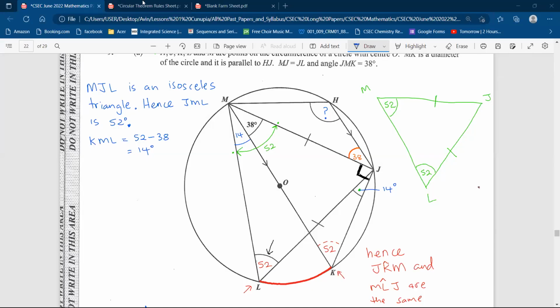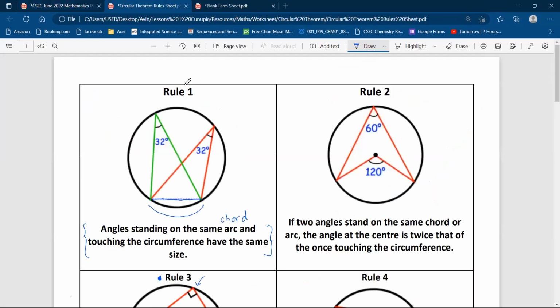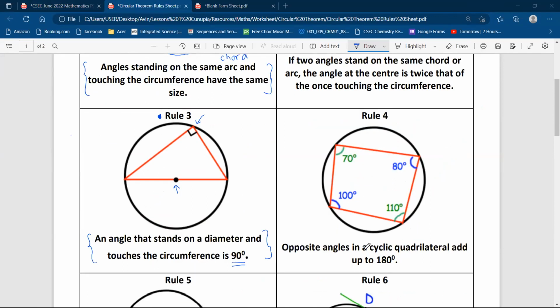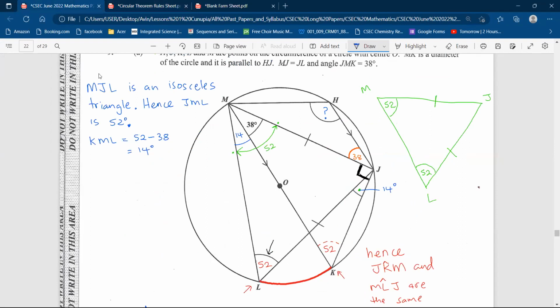So the rule you want to focus on to find this last one where the question mark is actually rule 4. The opposite angles in a cyclic quadrilateral add up to how much? 180. Not too sure if you're seeing the cyclic quadrilateral here. I know there's a lot of lines. But if you start at L, you hit M, you hit H, G, and you come back to L, isn't that a cyclic quadrilateral?